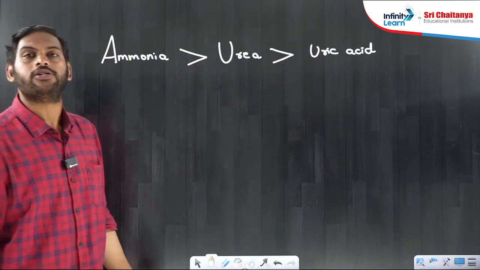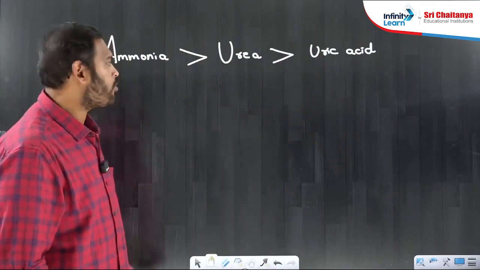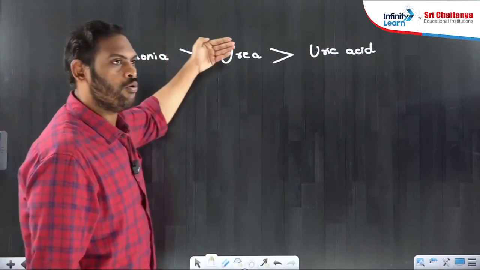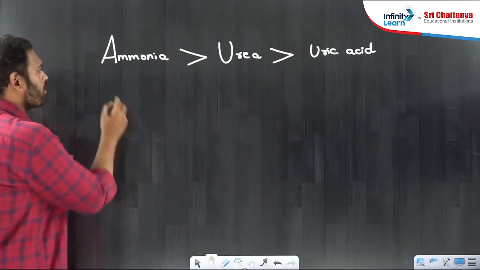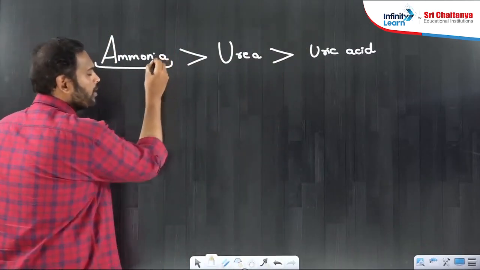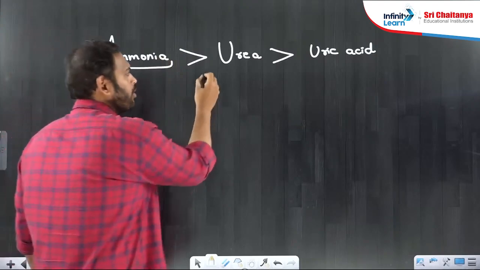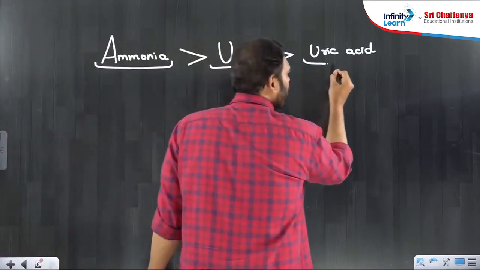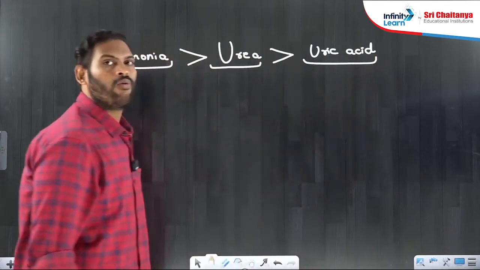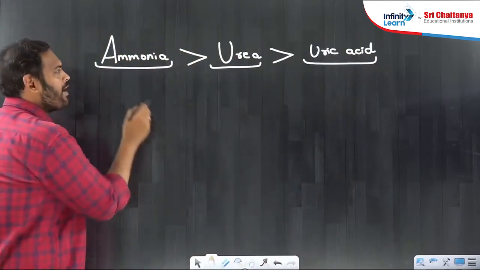So nitrogenous waste mainly includes ammonia, urea, uric acid. Which is most toxic? Ammonia. Average toxic? Urea. Least toxic of all? Uric acid.